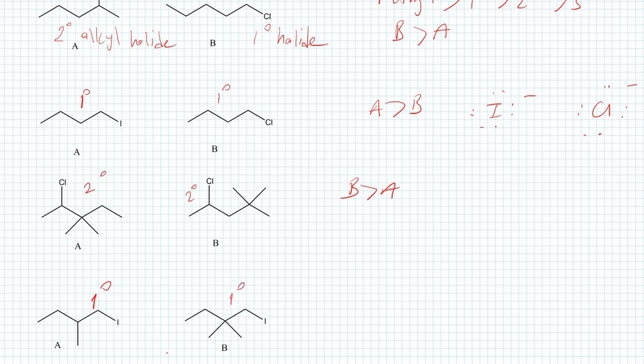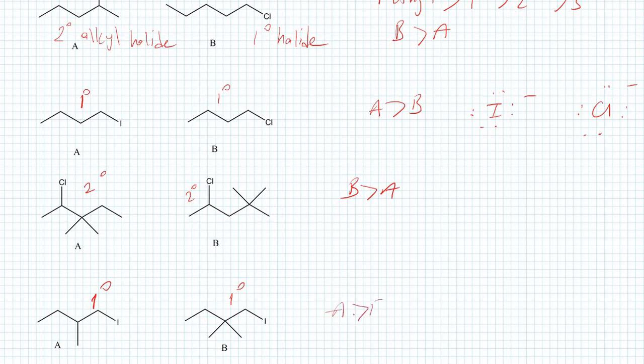So again, we are expecting similar rates of reaction, but don't forget the nucleophilic attack will occur on this carbon. In A we have a neighboring carbon with one methyl group, but in B we have a neighboring carbon with two methyl substituents. So B is bulkier than A, and B is expected to react slower than A.